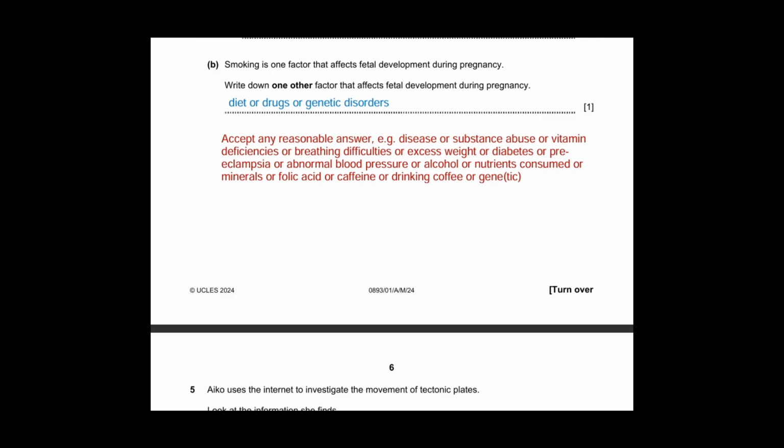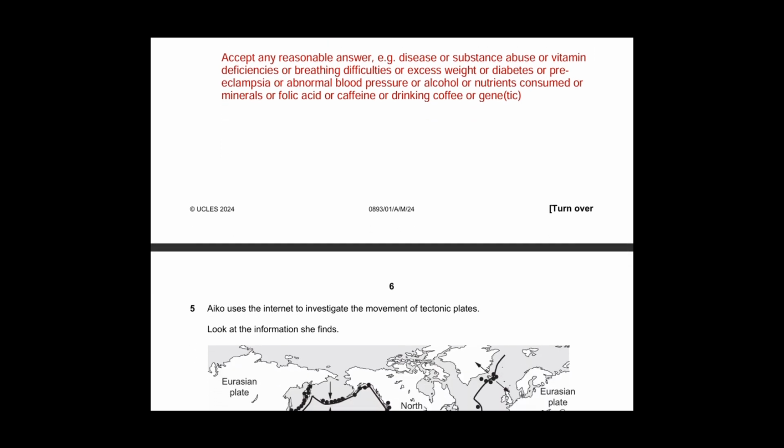The same thing with drugs. Pregnant women are usually told to stay away from certain drugs because these drugs can affect the offspring or the development of the fetus. Other answers may be correct. It depends on how well you are able to reason it out.